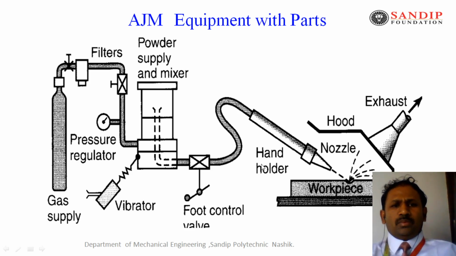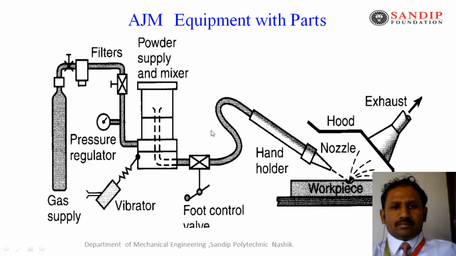Now this is simple. This is the figure to draw the basic setup: gas supply, then regulators, then a chamber to mix gas plus abrasive, then a foot operated control valve, a hose, which is a pipe, then a hand holder to take the position of the nozzle, then the workpiece, hood and exhaust.